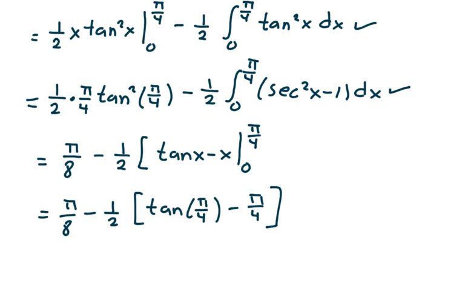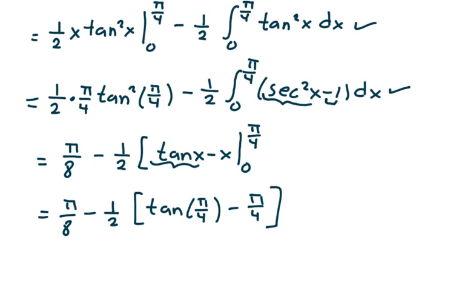And 1/2 times pi over 4 is pi over 8. So this is pi over 8 minus 1/2 the quantity tangent x minus x, right? So in other words, the integral of secant squared x dx is tangent x. The integral of 1 dx is x.